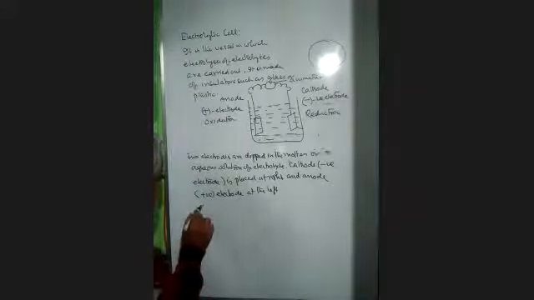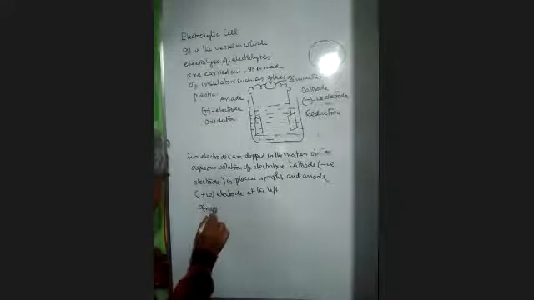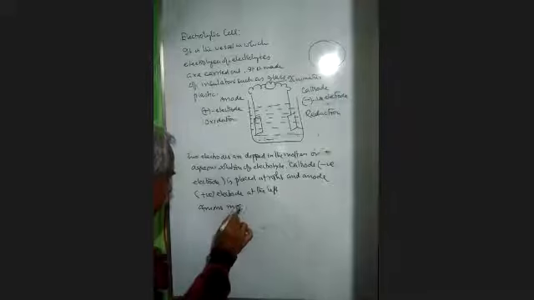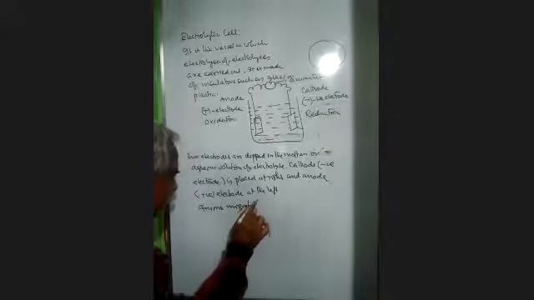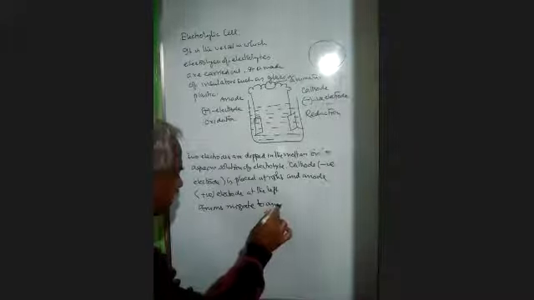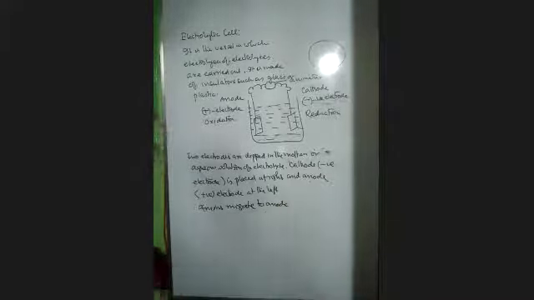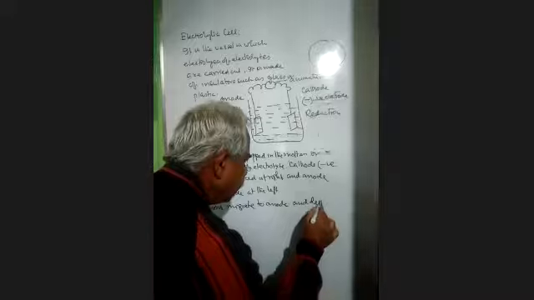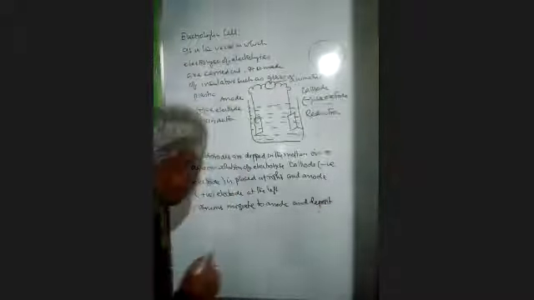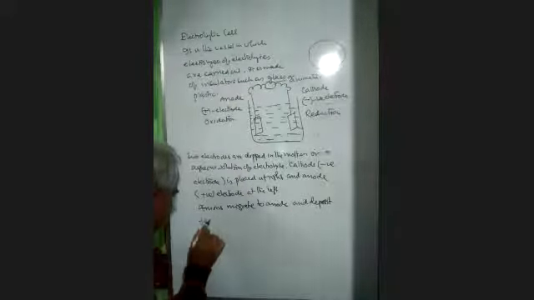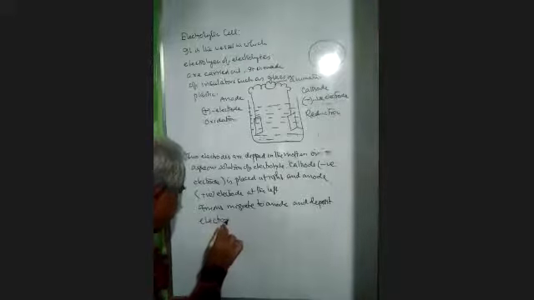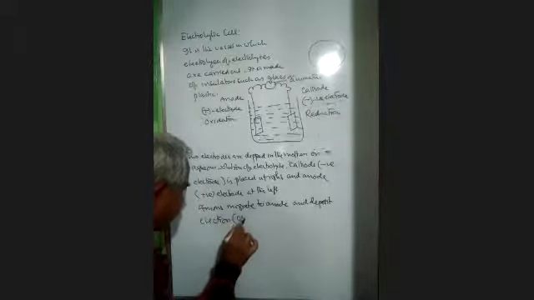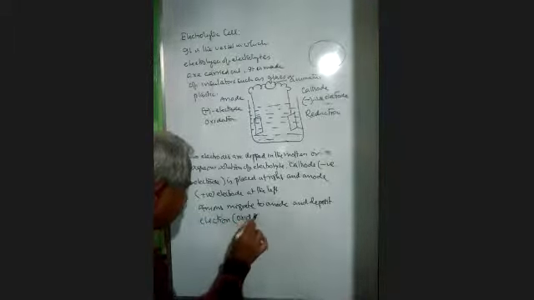So what do we come to right now? Anions migrate to the anode and deposit electron(s). What do we write here? Oxidation.